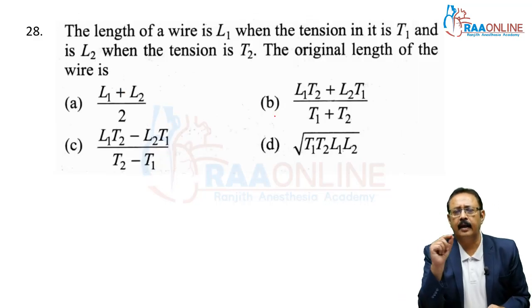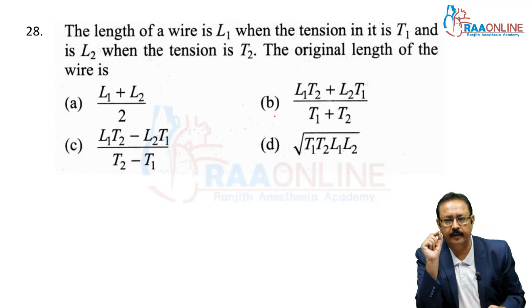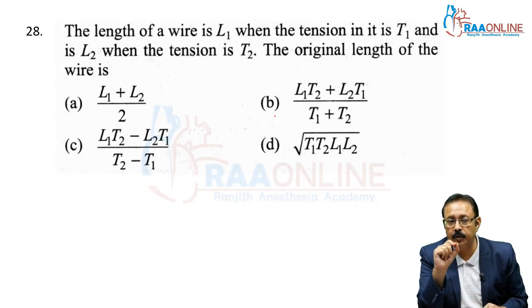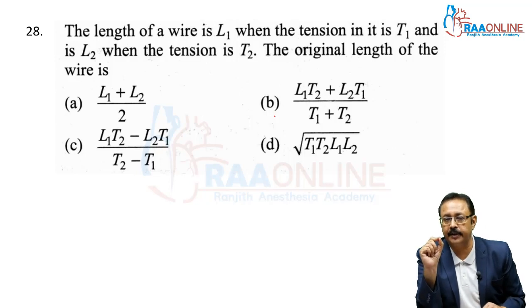Next, the length of a wire is L1 when the tension was T1 and length was L2 when the tension was T2. What is the original length?